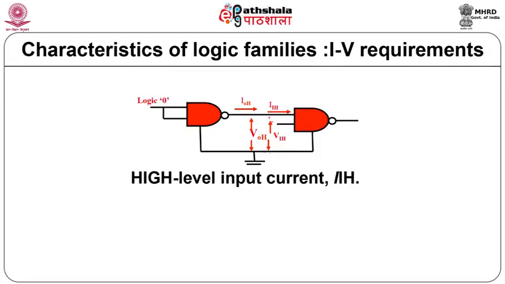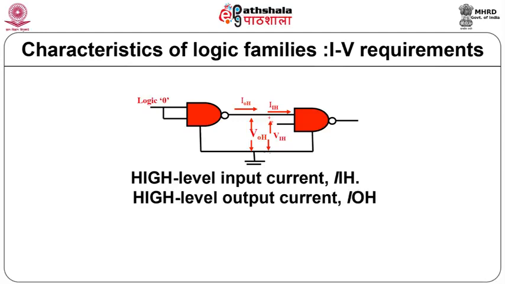The high level input current is referred to as IIH, and you can see in the diagram that it is the current which is going into the gate. High level output current IOH is the output current when the output is high logic level.